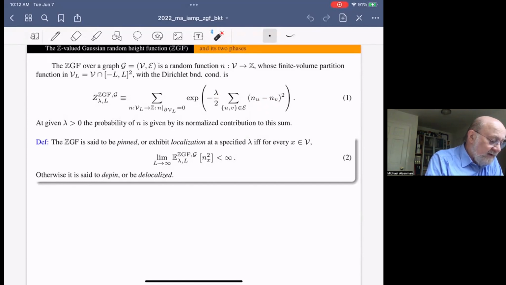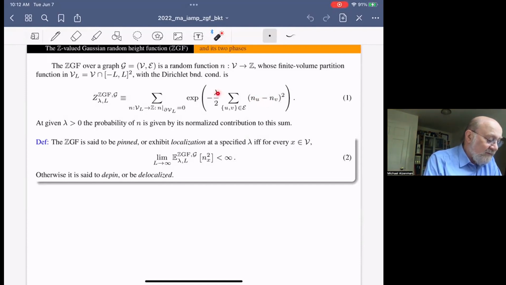Yeah, the typical value of the gradient under that should be of, so there's a characteristic length which is 1 over the square root of lambda. So if lambda is small, the typical differences may be expected to be much larger than the discretization size.